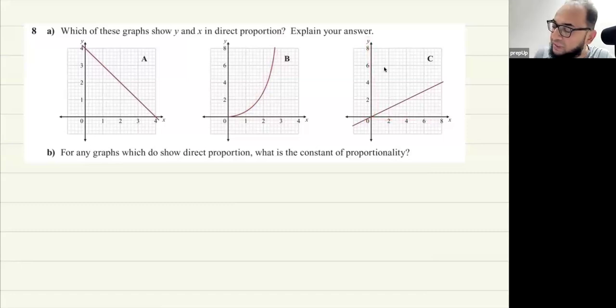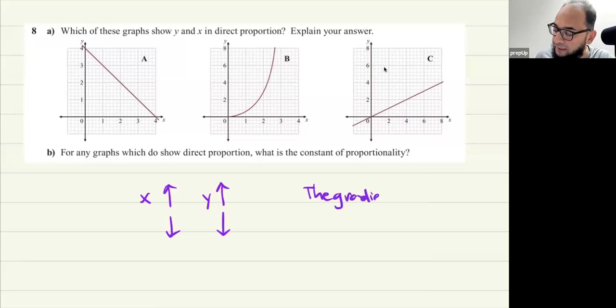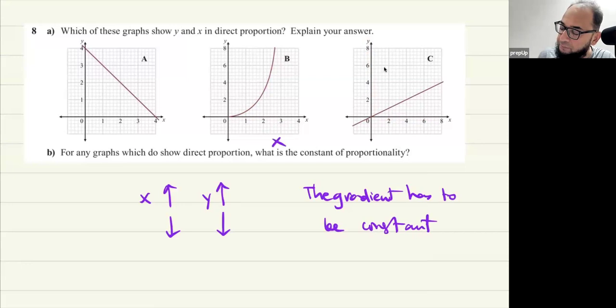There are two things that we need to consider. The first one, x increases, y increases, x decreases, y decreases. The gradient has to be constant, which is not the case over here. The gradient is constant over here.